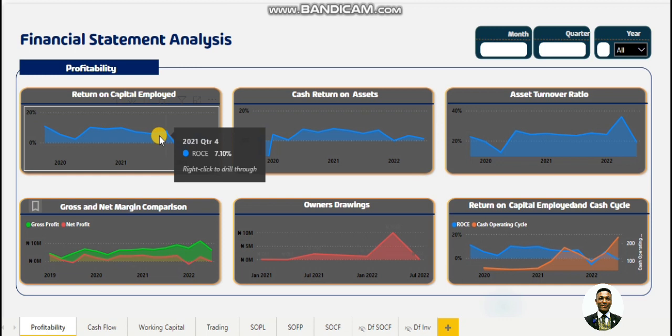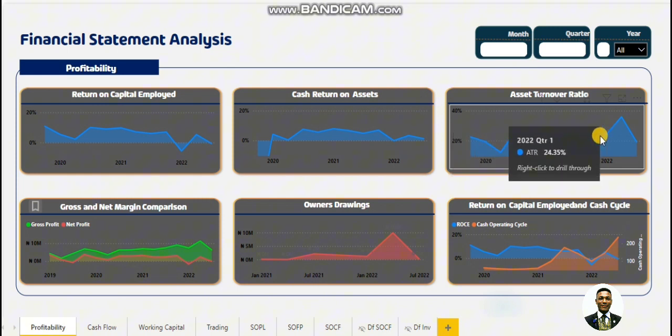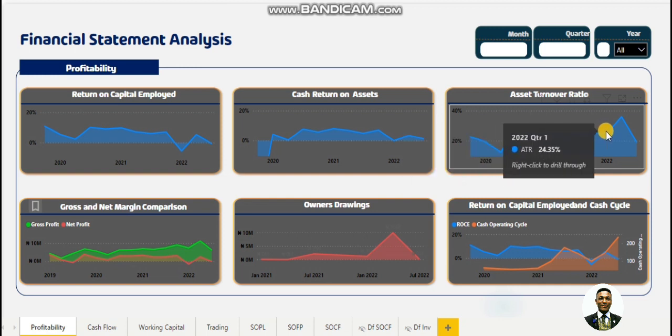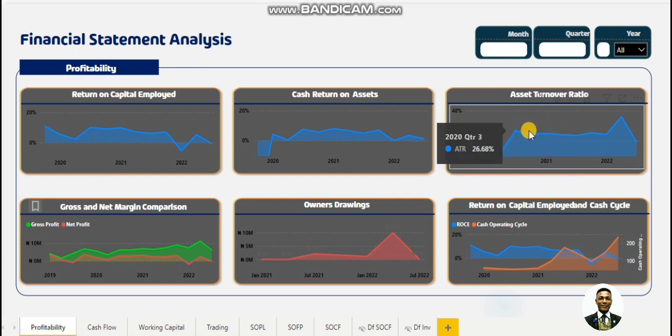We'll dig deeper into this in the next video, but for now, we see that in terms of revenue generation using its assets, the business had tried, so to speak, but so much they could do was at 36%, still below the industry average for that ratio, the asset turnover ratio.